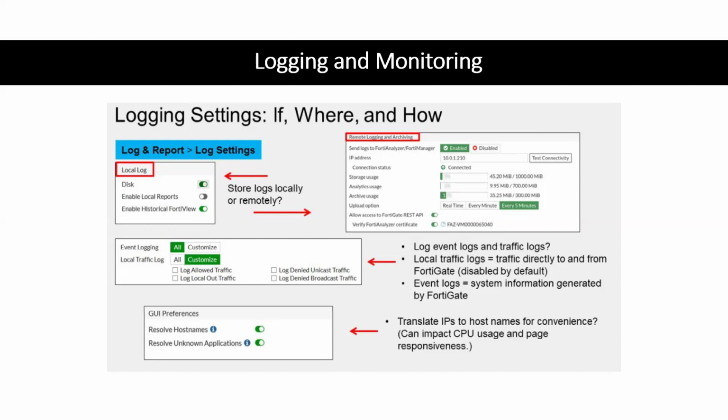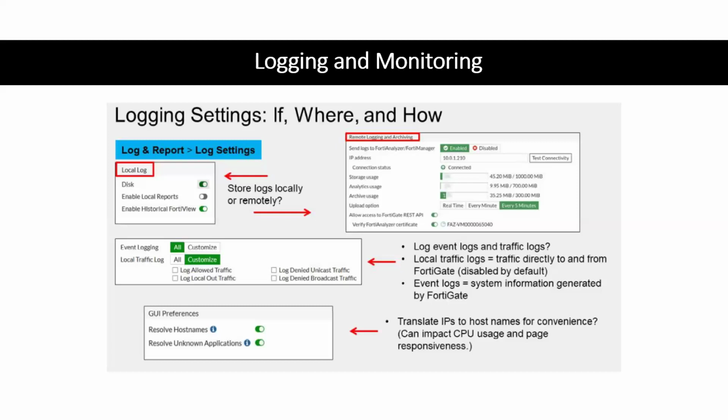If we're looking at these different screenshots, the key thing that I want you to take a look at: you saw the first one at the top, remote logging and archiving, and we went over that. We talked about local logs, to store logs locally and remotely. I want you to move your eyes down to the bottom of this PowerPoint screenshot.